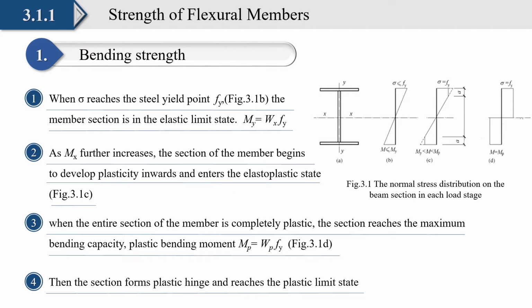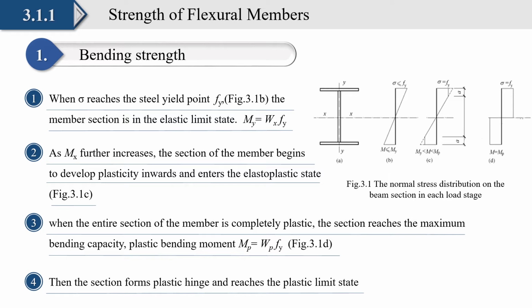Now, figure 3.1 shows the nominal stress distribution on the beam section at each load stage. When sigma reaches the steel yield point Fy, see figure b, the member section is in the elastic limit state.